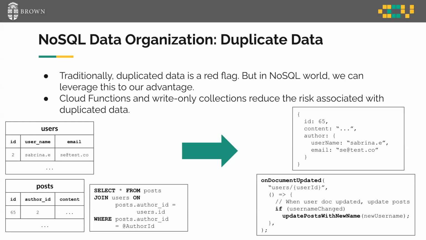This rankles a lot of people who have been using SQL databases for a long time. I think it's worth it here for a few reasons. One, this is not the only thing you can use cloud functions for, and I think that is really worthwhile. But two, the other big thing here is that a perfectly designed SQL or relational database might not have duplicated data, but an imperfectly designed or real-world one probably will.